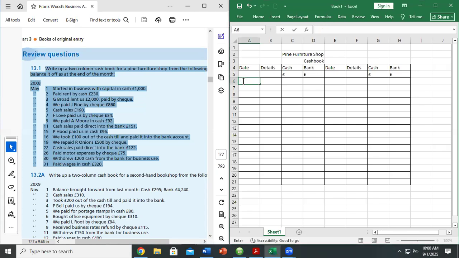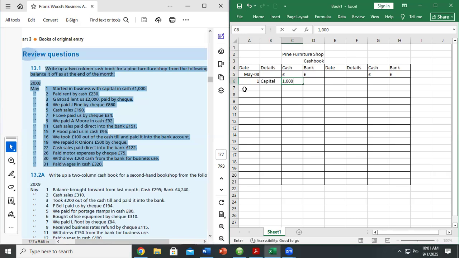Since it's for the month of May 2008, you can put May 2008 up here, so that you don't have to repeat it. On the first of May, the details will be capital because we started business with capital, and the amount will go under the cash column because the capital came in the form of cash. So you debit your cash, right? Because the business is receiving from the owner. And remember, in the cash book, you debit on receipt, credit on payment.